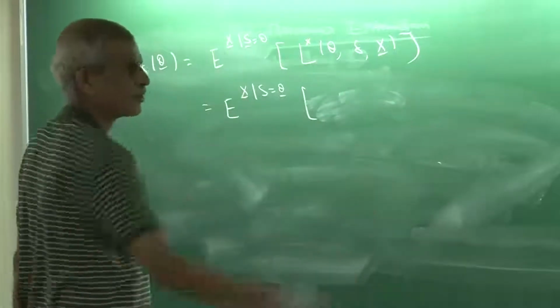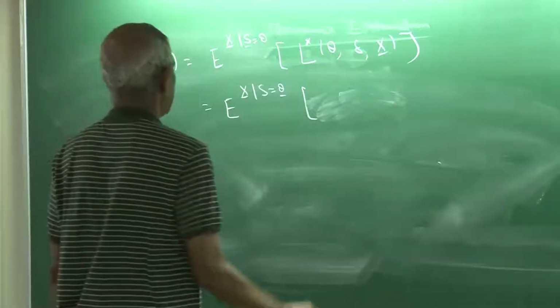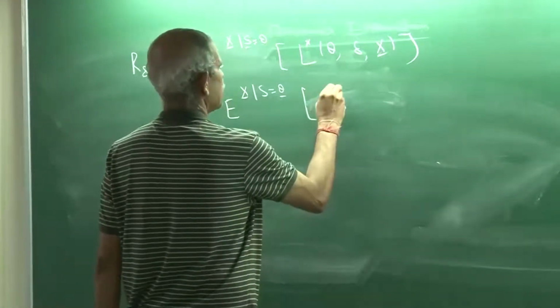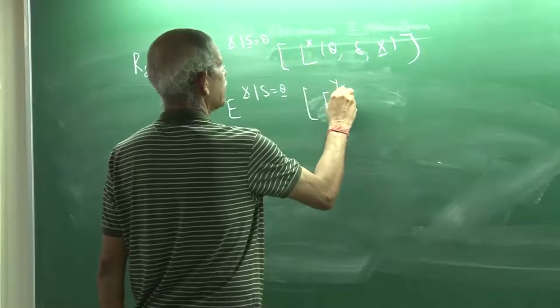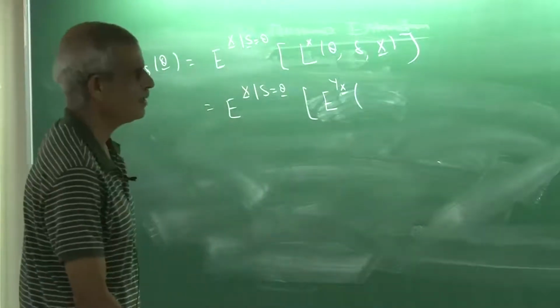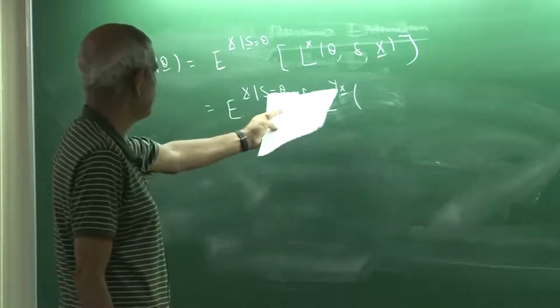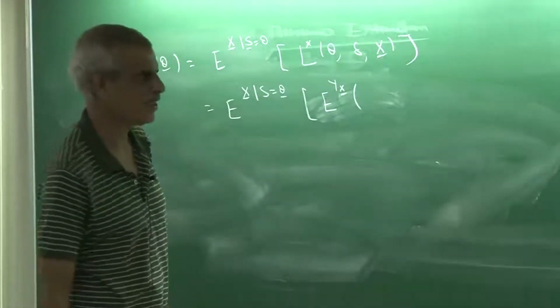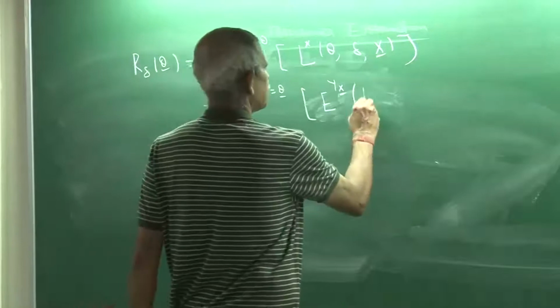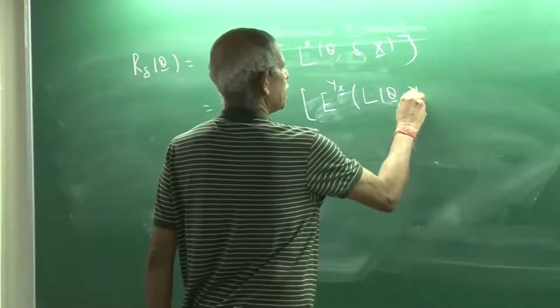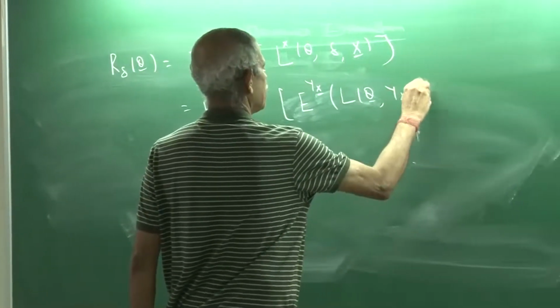L star I can put the value from there. So this is the same as the expected value of Yx. I am putting this so that you remember which random variable this expectation is with respect to: L theta Yx.